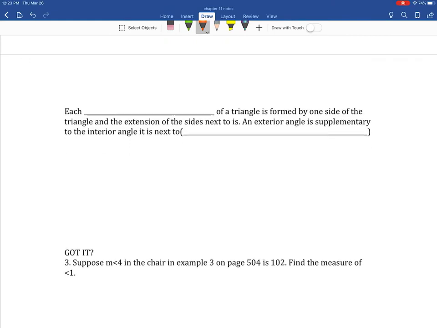Okay, so that was everything having to do with the interior angles. Now what about the exterior? Each exterior angle of a triangle is formed by one side of the triangle and an extension of the sides next to it. So if I were to draw out my triangle like this, we know we have 1, 2, and 3.